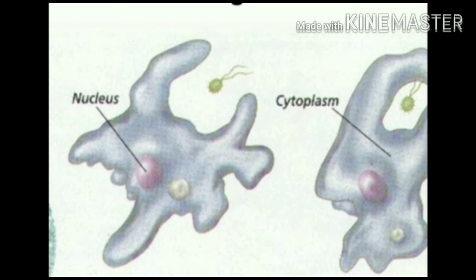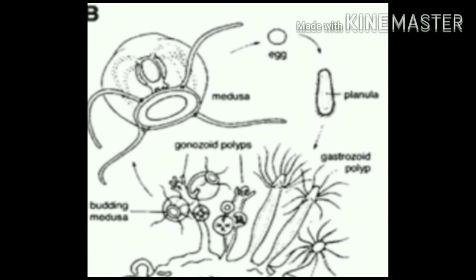An amoeba, a unicellular organism, engulfs tiny particles of food by using pseudopodia. Hydra, a multicellular organism, uses its tentacles with sting cells to kill the prey, and the food is pushed inside the body cavity.